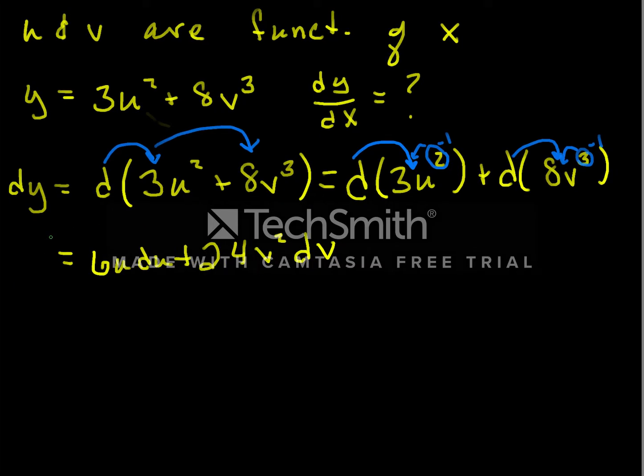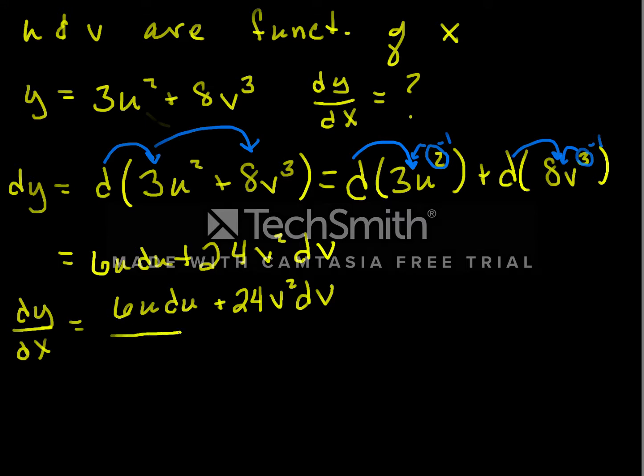So what is dy/dx? Well, we just divide by dx. So dy/dx is equal to 6u du plus 24v squared dv, all divided by dx.